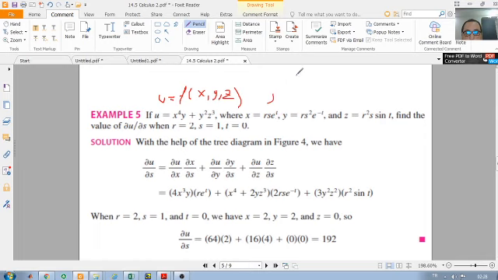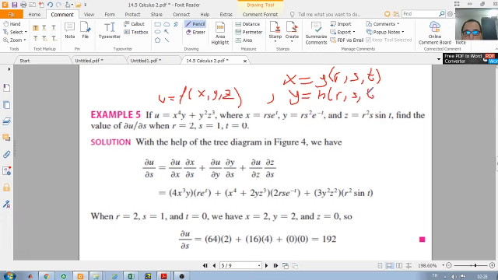So here x is equal to a function of three variables depending on r, s, and t. And y is a function of three variables. Let's write r, s, t, given as r times s squared times e to the power minus t, and similarly the third variable is a function of three variables.